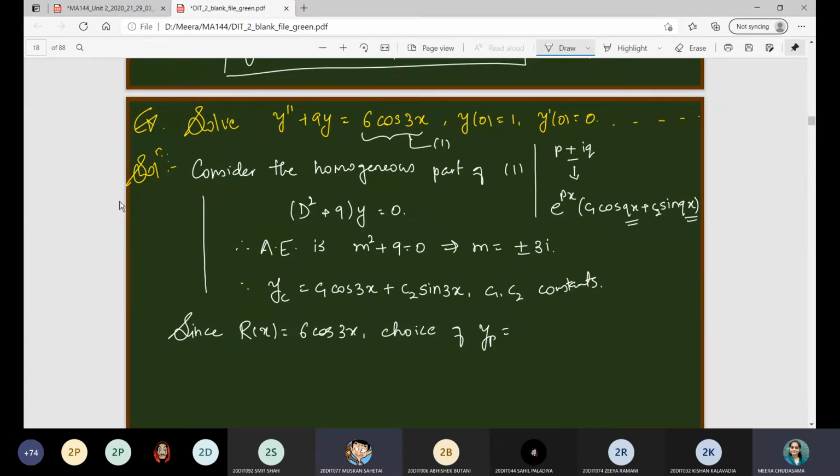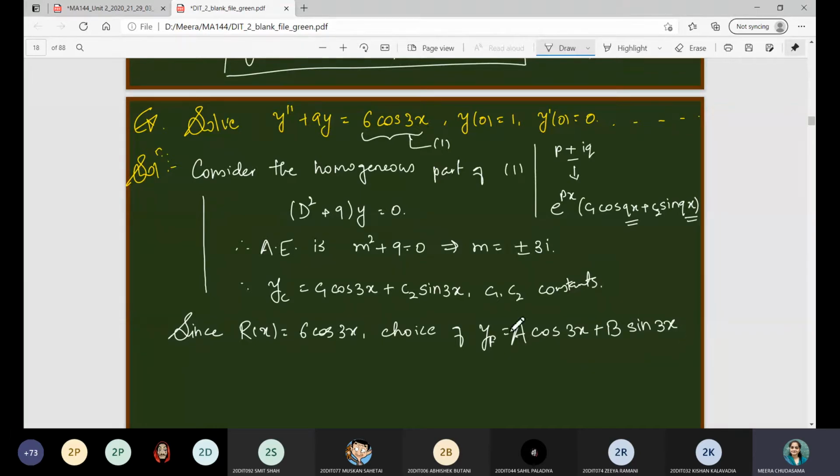In the table, if you refer, for sin ax or cos ax the choice is a cos ax plus b sin ax. Here it is 3x, right? So the choice will be a cos 3x plus b sin 3x. So that is the choice.